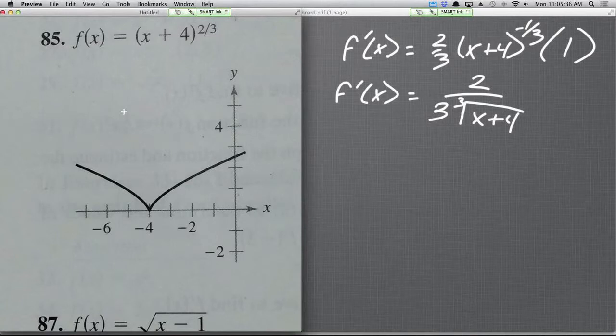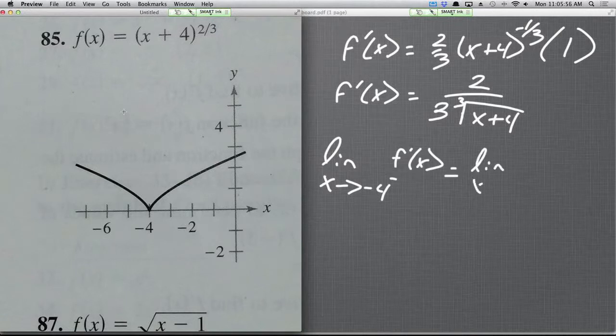So that's the point I need to check, the limit from the left and the limit from the right of my derivative as x approaches -4.